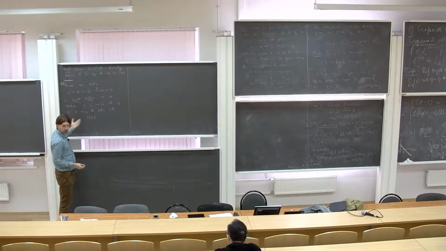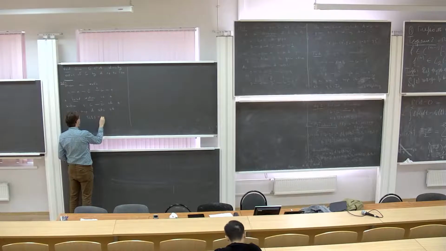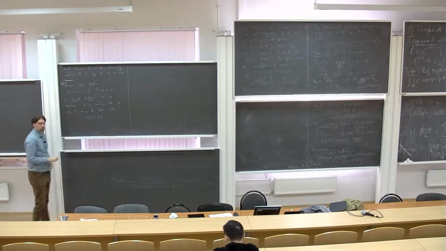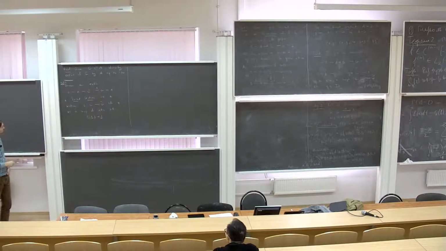I know there's a preferred preimage of 1, namely 1. Okay? So that's a base section.